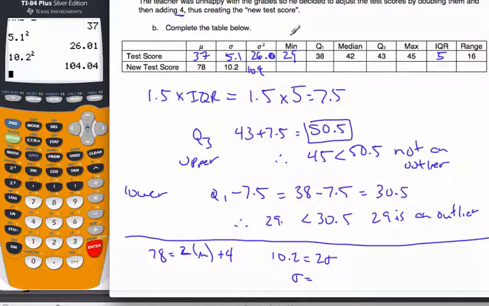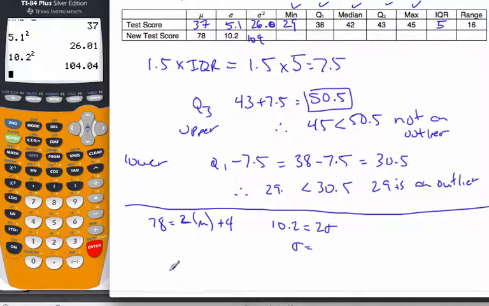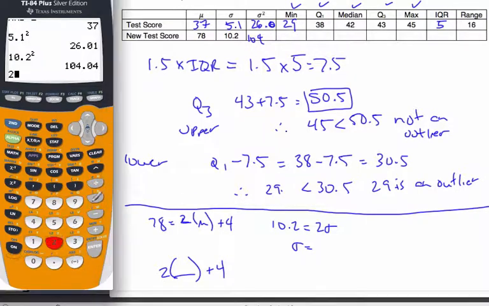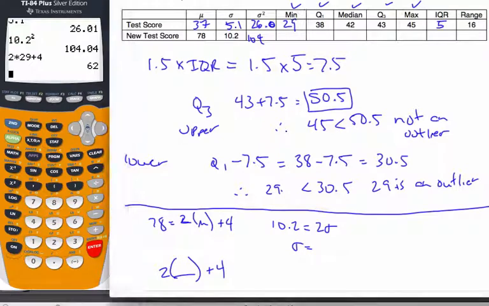My minimum, the quartiles, median, and the maximum, these are all landmark values. These get multiplied by 2 and added by 4. And so for all of them, I'm going to go 2 times the value plus 4, that will give me the new scores down here. And so if I go 2 times 29 plus 4, that will be 62.